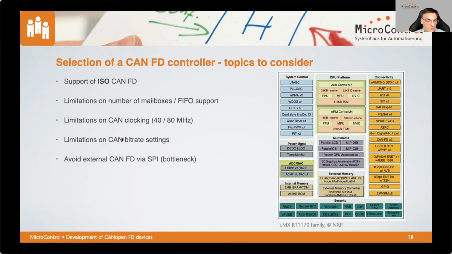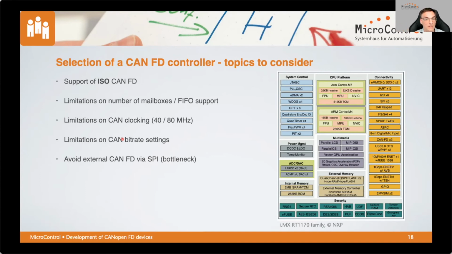The reason why I showed these tables concerning the nominal bitrate settings and data bitrate settings with all these values, they have a background, because in the end of the day, you need something more than 300 time quanta in order to set up all these possible settings. And if we have, again, a look in this kind of CAN controller family, you will notice then that the register size is limited. They limit it to somehow, if I remember it correctly, about 100 or 120 time quanta.